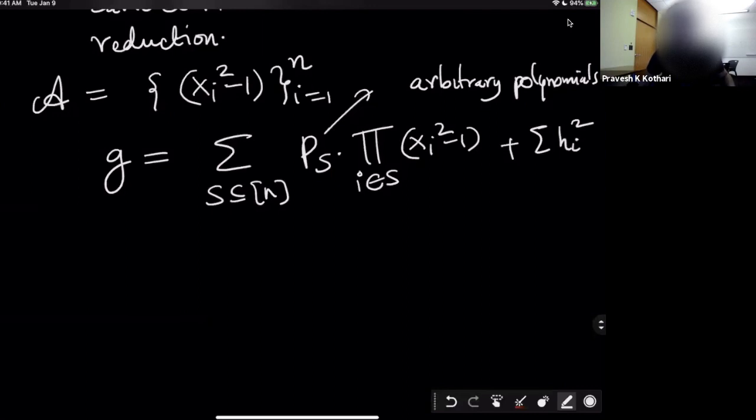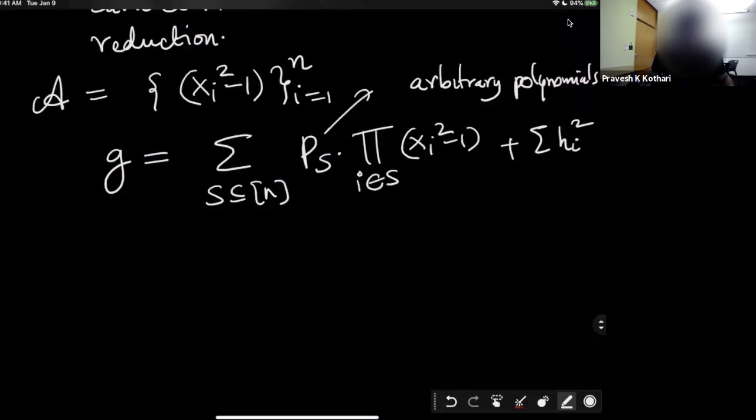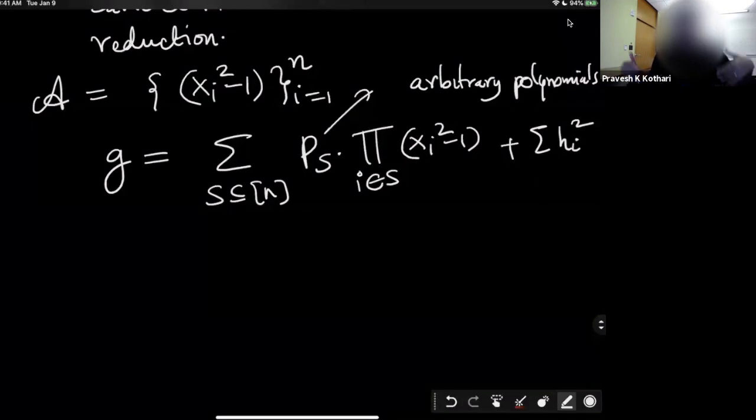When you think of the equality constraints, they correspond to two opposite signed inequality constraints, and so you can just combine the coefficients for the negation of xi squared minus 1 that also appears in your system, and that gives you an arbitrary polynomial.